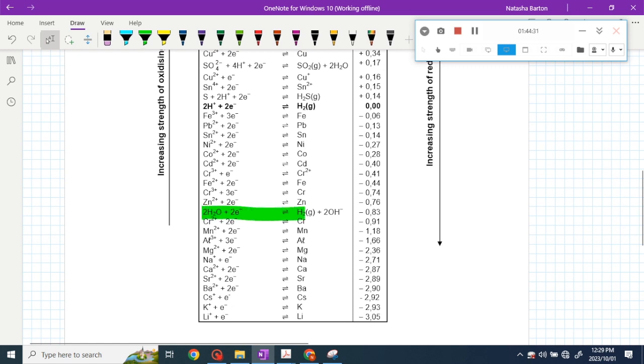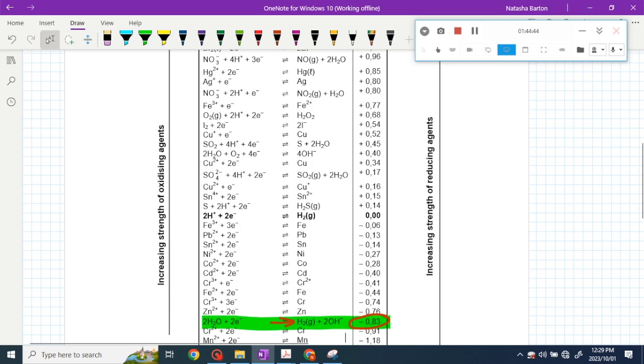So over here, we have the one reaction for water. This over here is the oxidation half reaction. If water undergoes oxidation, it's at negative 0,83. And if we move towards the top, I just need to find the correct one.